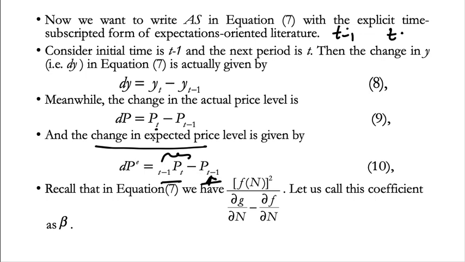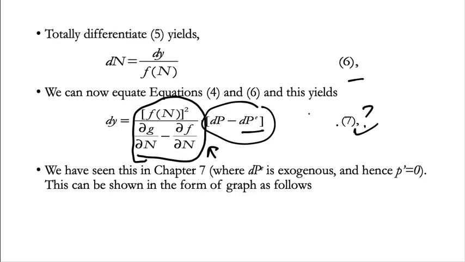Now, recall that in equation 7, we have these terms. Let's go back to equation 7. As you can see here, we have the first circle here. This is what I'm referring to.